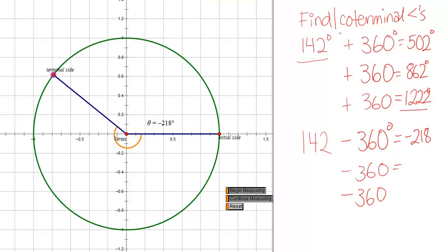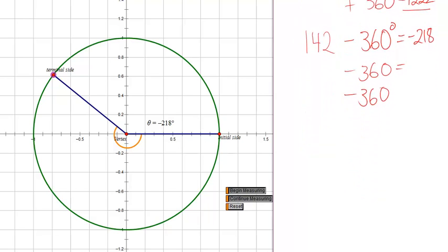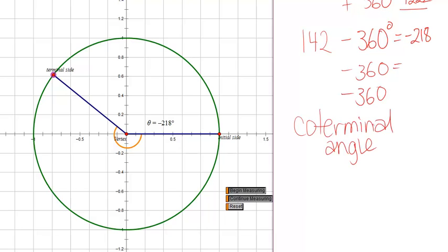So that's the idea of a coterminal angle. In general, a coterminal angle to angle A will be A plus n times 360, where n is an integer.